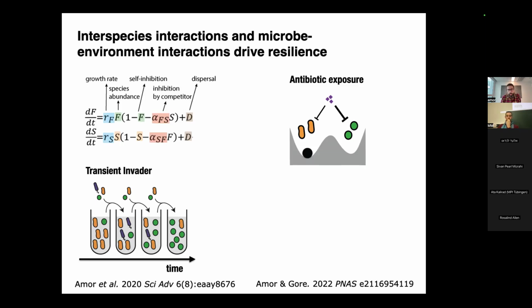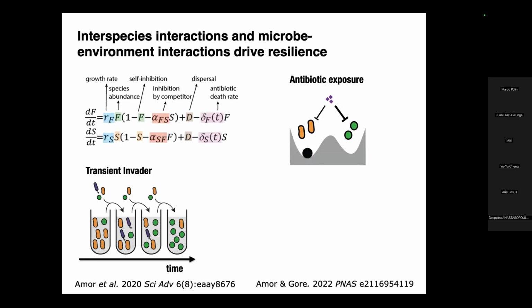And what we found is that when we introduce a modification in the model to account for the impact of the antibiotics, which here we capture as a death rate, we saw that whether you can use an antibiotic to induce a transition from one state to the other state is not so straightforward as looking at the death rates, but looking at the impact of the antibiotic to each species.